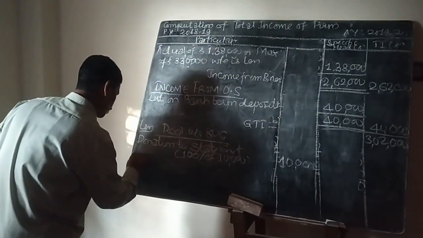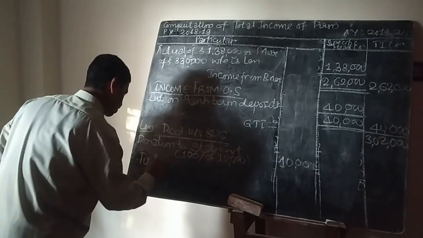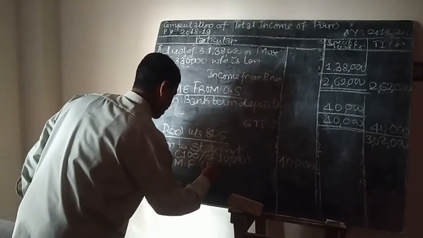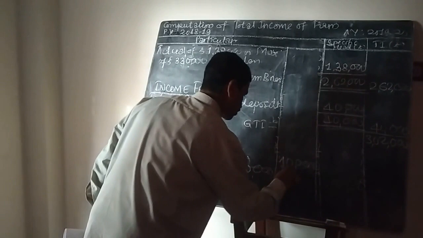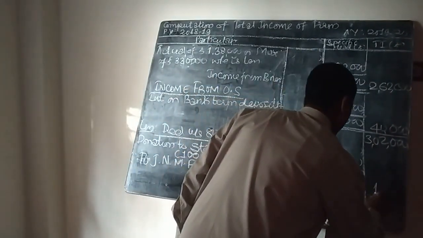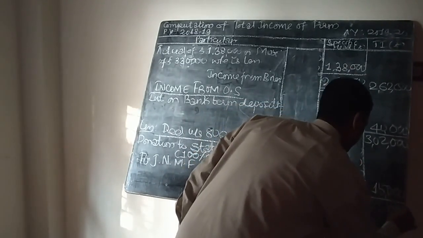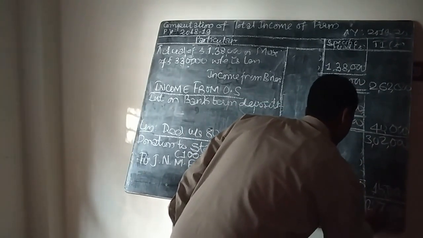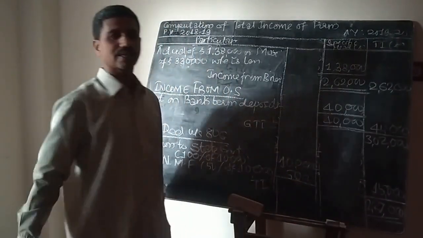Then there is one more, donation to Jawaharlal Nehru Memorial Fund, 50% of 10,000, so 5,000. So the total will be 15,000. When you take the difference here, 12 minus 12, 7 carry 1, so 2,87,000 is the total or taxable income.